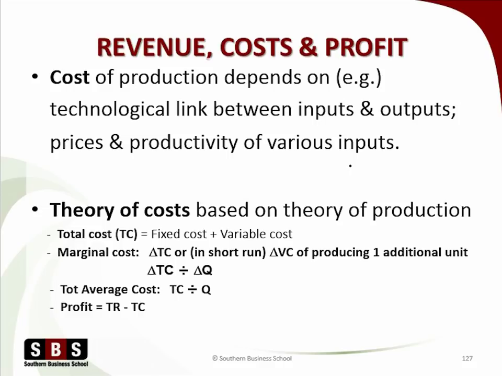It's always between those two. Average cost is the total cost divided by the quantity. Everybody is happy with that. That's quite obvious: average is the total divided by the quantity. And as we said earlier, profit is total revenue minus total cost.